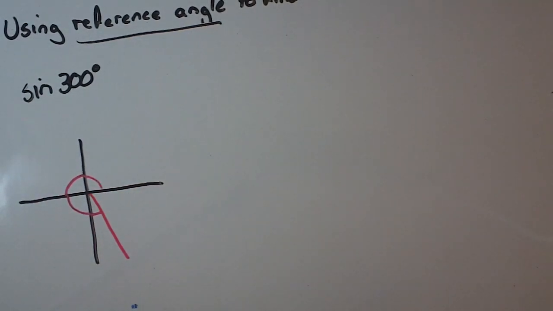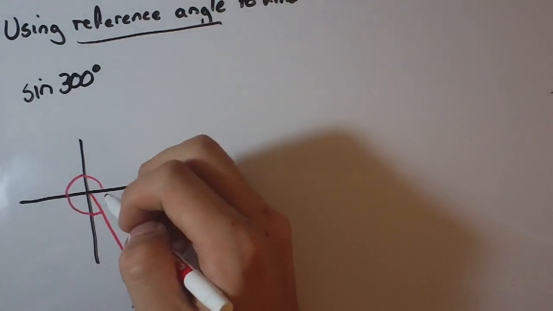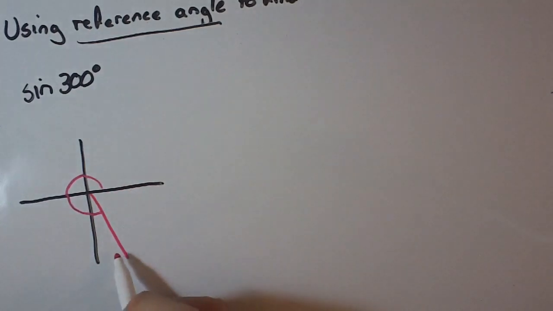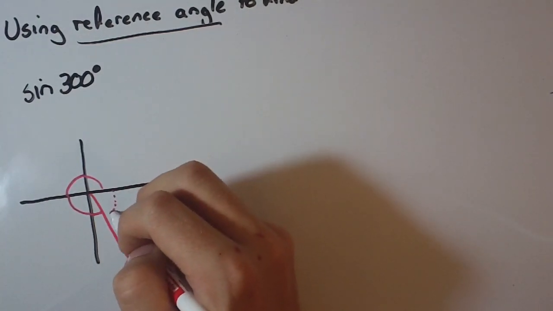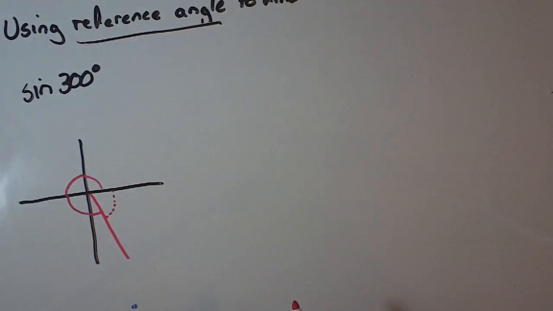But it's asking us to use reference angles to find the exact value. Okay, so if you remember, reference angle is the positive acute angle formed between the terminal side of the angle, which is this one, and the x-axis. So it's that angle there.